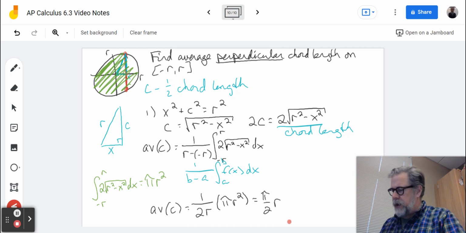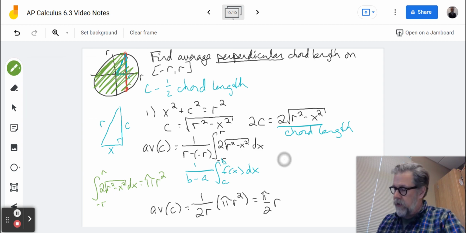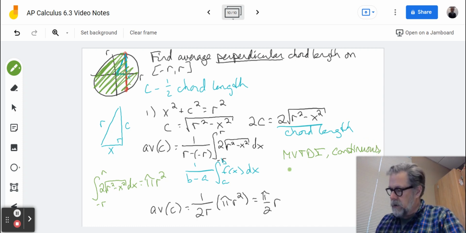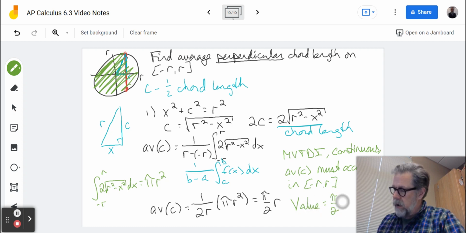We could do the calculation, or we could just say that by the mean value theorem for definite integrals, because this is a continuous function, the average value must occur in the interval negative r to r. The value itself is equal to pi over 2r.